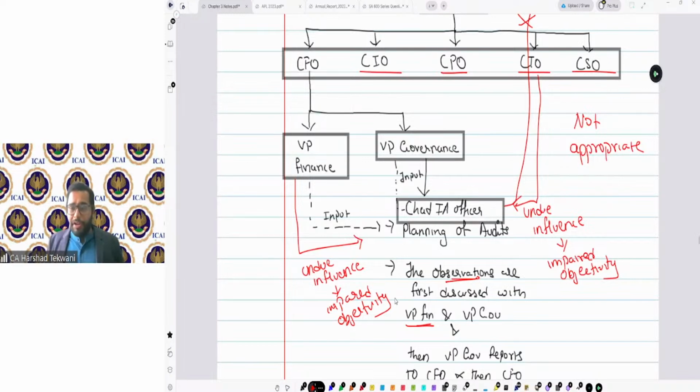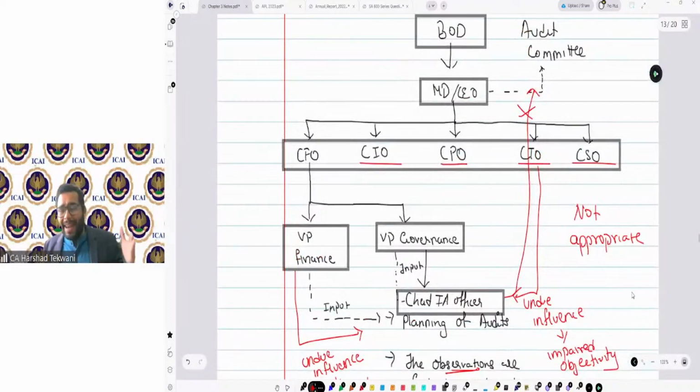Now, if so much undue influence can be exercised and the Chief Internal Auditor doesn't have direct access to the audit committee, there are two levels of hierarchy between 1 and 2. That shows the rigid hierarchy within the organization, and the policies and procedures are not supporting the objectivity of the internal audit function.